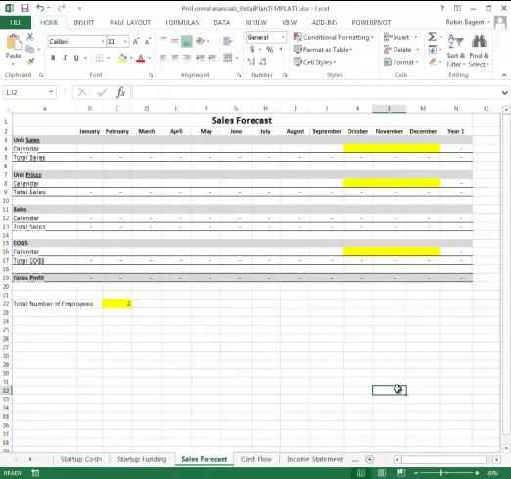Keep in mind, I'm only adjusting the figures in the yellow squares. Now the yellow cells will change if you have additional products beyond a single product, because then instead of just one line item, you've got a lot of line items to work with.